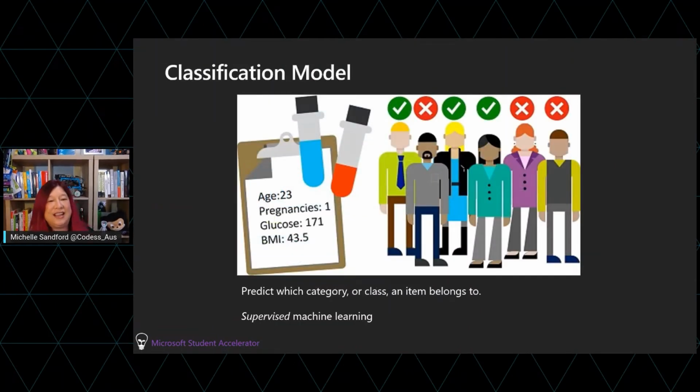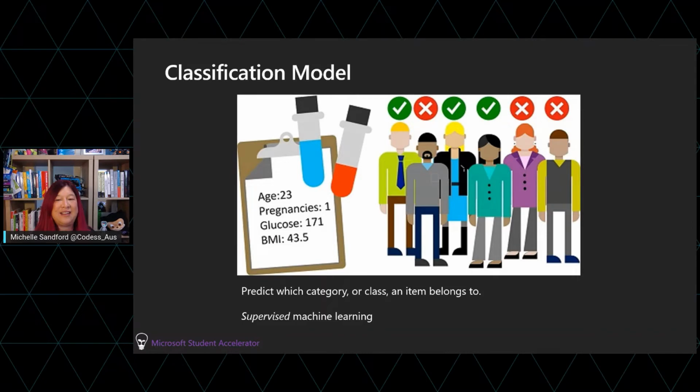So classification is a supervised machine learning technique, and it will predict which category or class an item belongs to. For example, a health clinic might want to use the characteristics of a patient, such as age, weight, blood pressure, and so on, to predict whether a patient is at risk of diabetes.